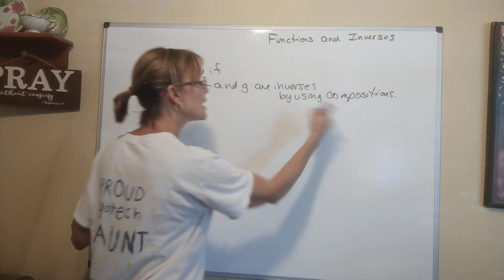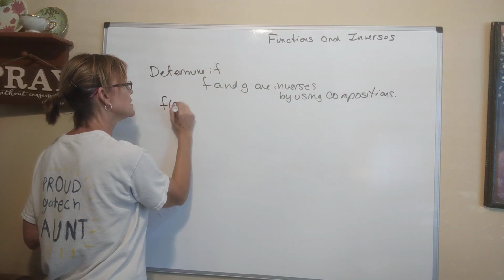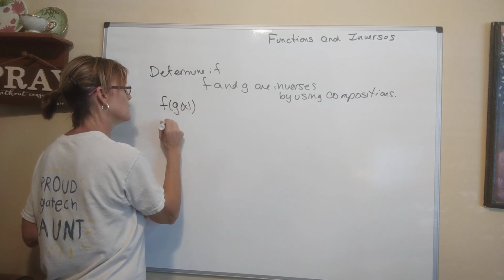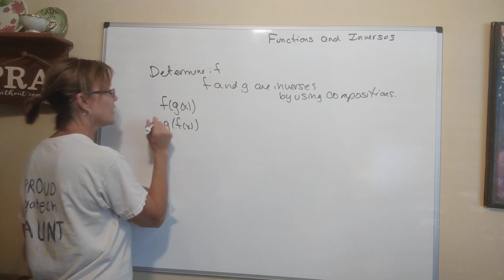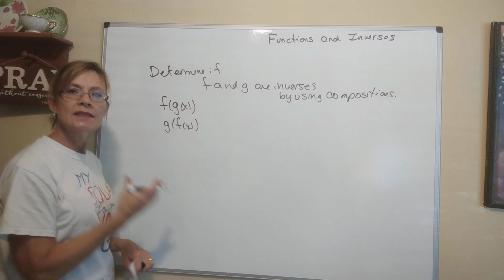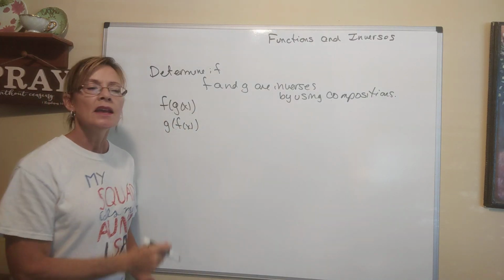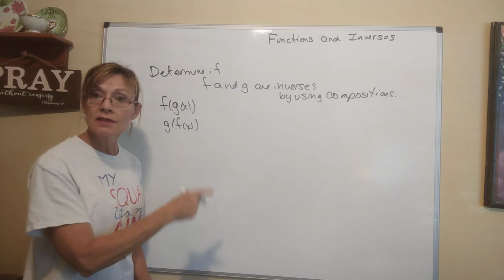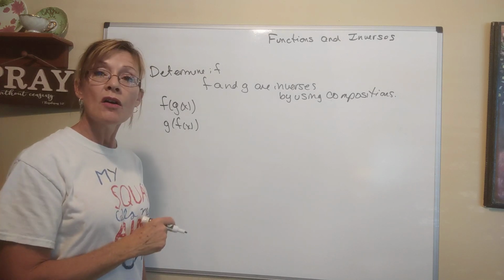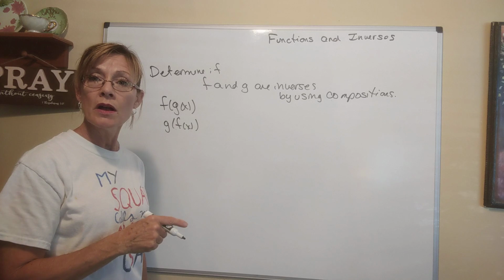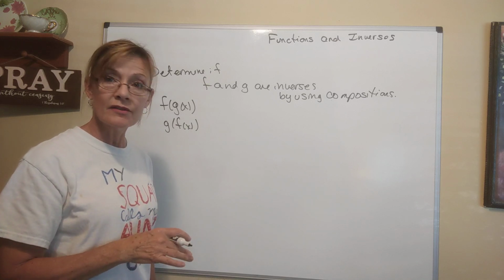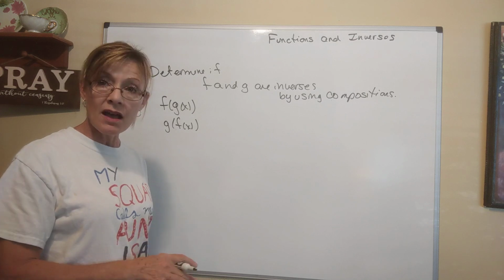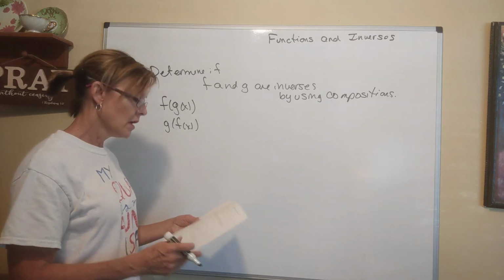What this is telling you to do is take the compositions of functions, f of g of x and g of f of x, and see if they both equal x. If they do, then you can say, yes, they're inverses. If they don't, if you get something like x plus 1 or the square root of x or x squared, that's not regular old x. That is not an inverse. You would say no.